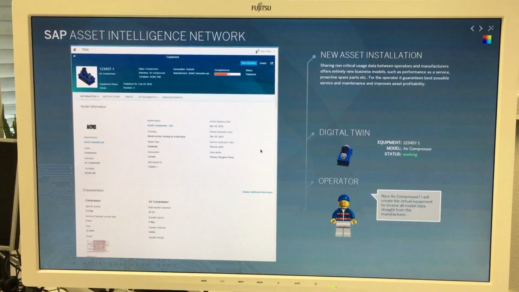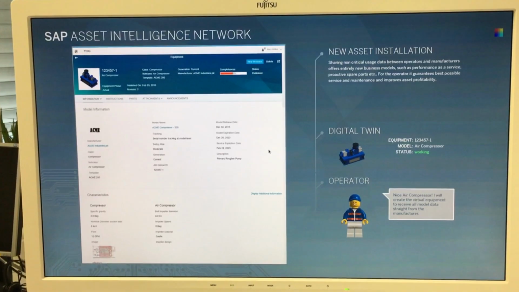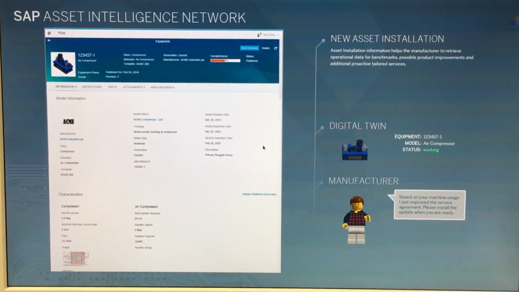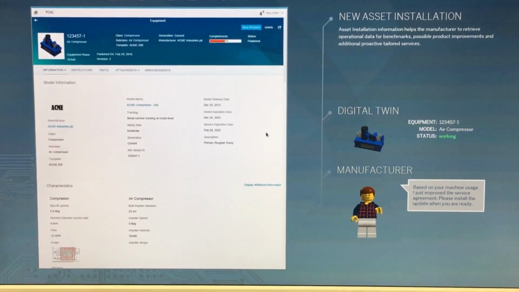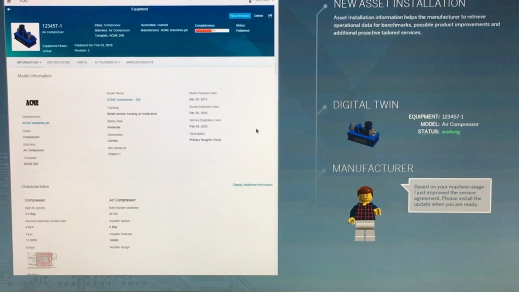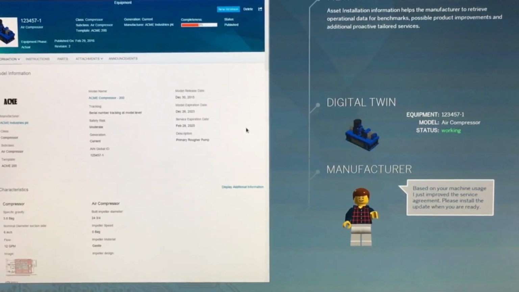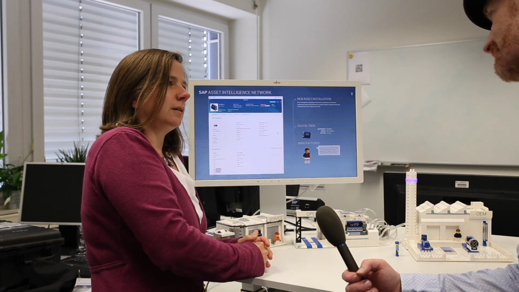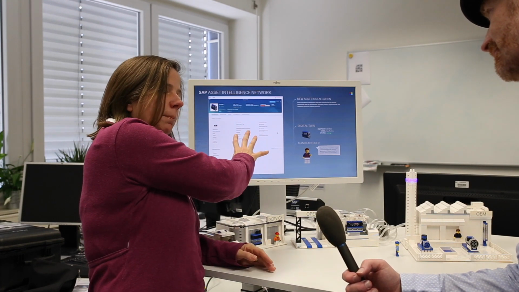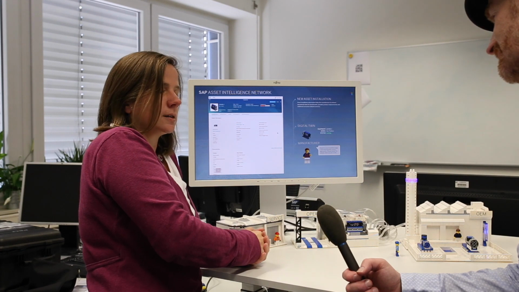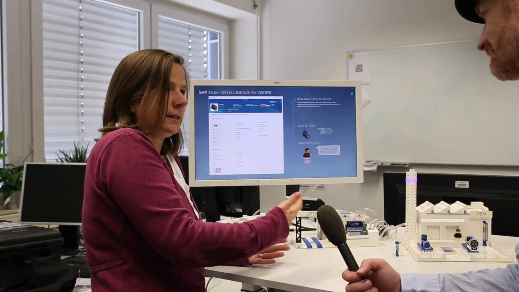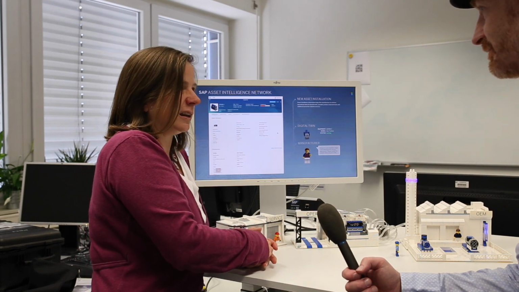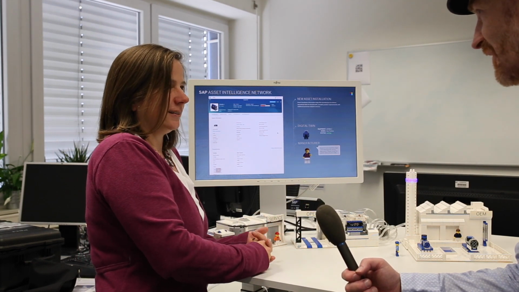So he's really getting a view on the information that the manufacturer has provided about this piece of machinery. Absolutely. Typically machines are delivered with tons of paper and CDs, and legally some of that still has to be delivered, but the true version would also be kept here in the network so that we always have the latest and most up-to-date information, and we don't have to bother about finding it in our drawer somewhere.